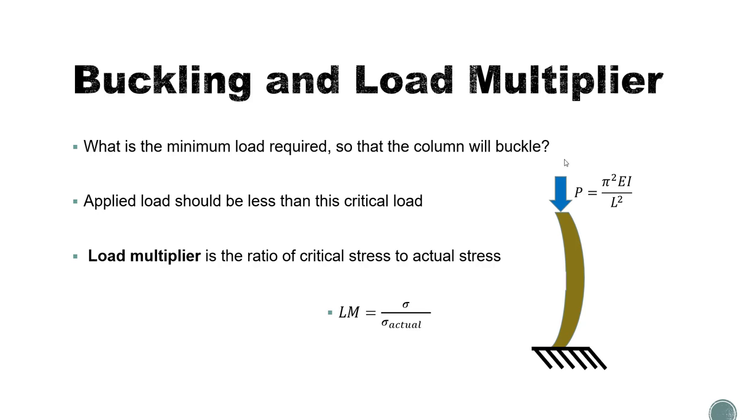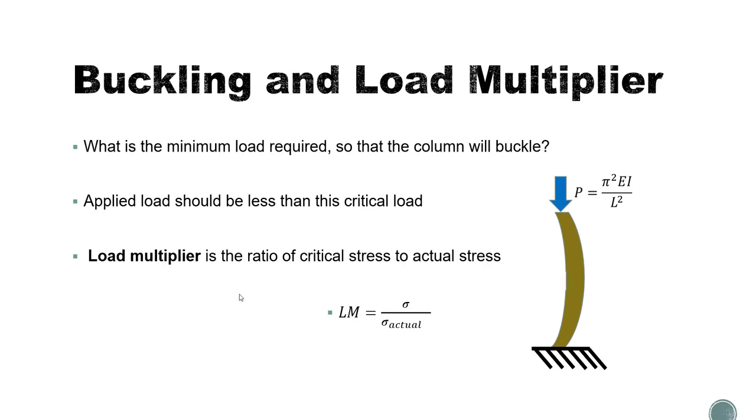So load multiplier is the ratio of the critical stress to actual stress, and we can look at the load multiplier as a safety factor, which we define as the strength of the material divided by the actual stress that is occurring in the material.